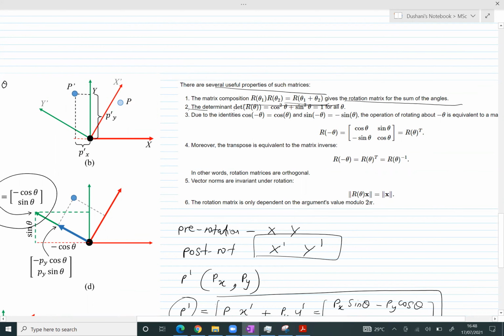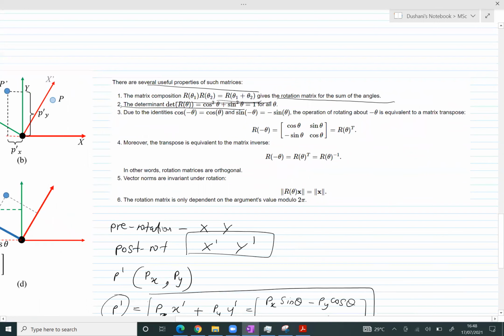And then we have a determinant. Due to the identities, cos minus theta is cos theta, and the rotation about a negative theta is also equivalent to the transpose of that matrix.